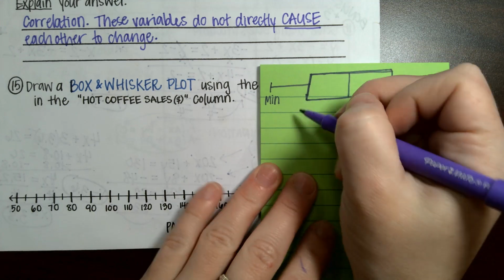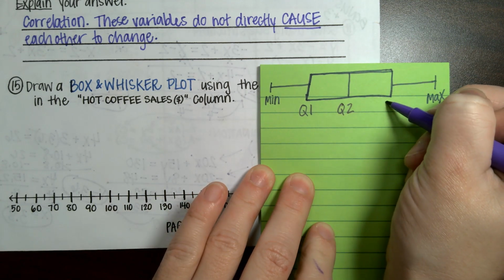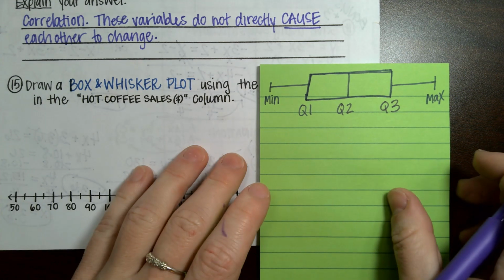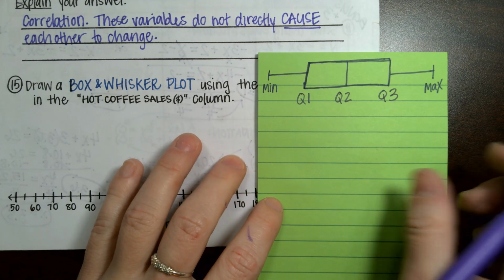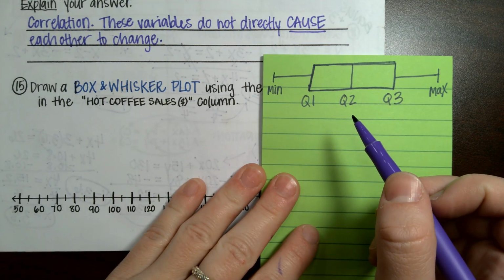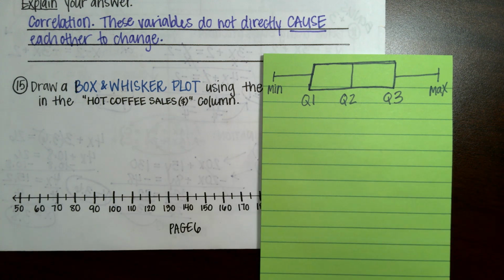And then you guys said Q1, Q2, and Q3. What'd you say, Star? Q2 is our middle point. Say that word again. Median. Very close. Median. Yes, there it is, median.